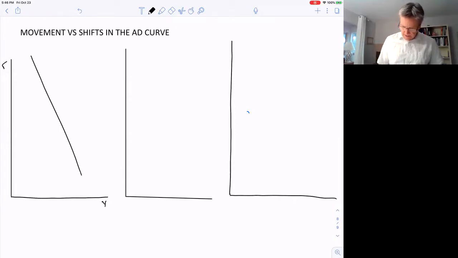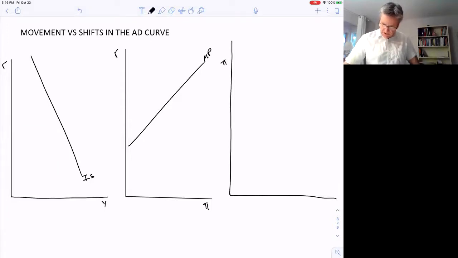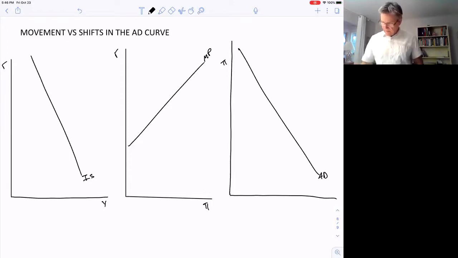So we've got this IS curve, downward sloping, MP curve, upward sloping, to show what the Fed does for inflation. And we've got a downward sloping aggregate demand curve with inflation on the vertical axis.